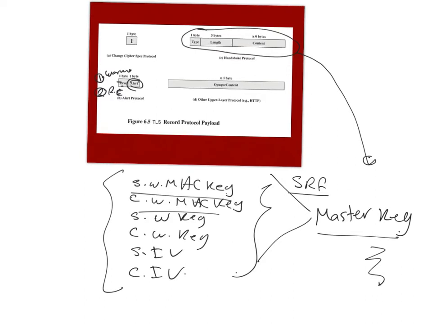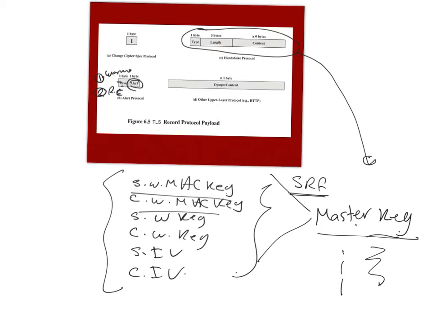Because as we said, the handshake is used for authentication and key exchange. Once we have the key exchange, we have a master key which is shared between the client and the server. From the master key and from other fields that we will talk about, we can use a pseudo-random function to generate all the 6 keys for one particular connection.